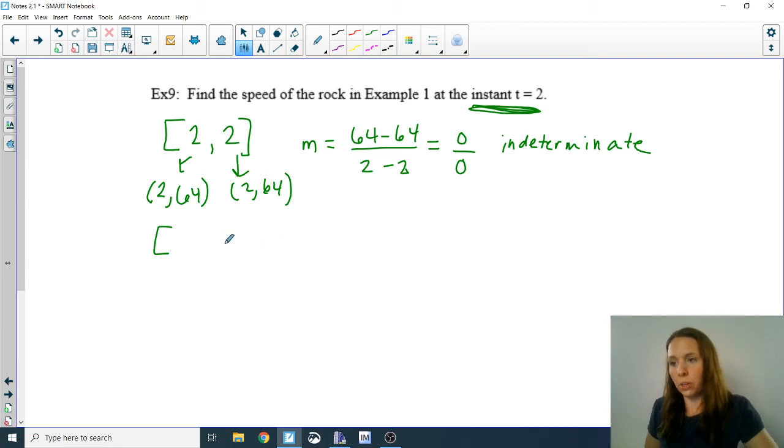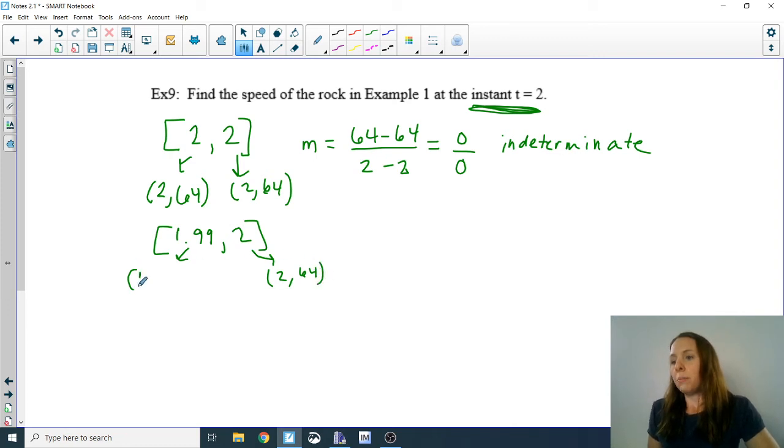Yeah, right? Instead of the starting point being 2, could we not use a starting point of like 1.9? Or if you want to say I want to be pretty close, 1.99 to 2? That would work, right? Let's see what happens. We're going to set up two ordered pairs again. I already know this ordered pair is (2, 64).